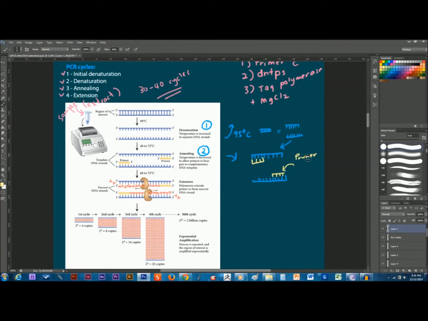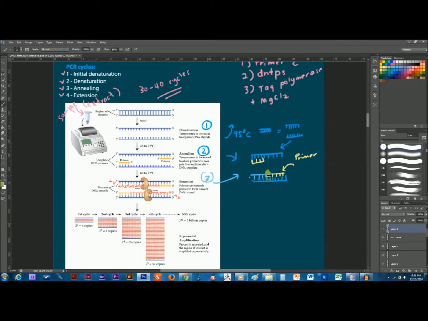Then we increase the temperature again, usually 68 to 72 degrees Celsius, for the extension process. In this step, the polymerase binds to the DNA strand, and in the presence of deoxynucleotides, our adenine, guanine, cytosine, thymine, the building blocks of DNA, will attach and form the new DNA strand.